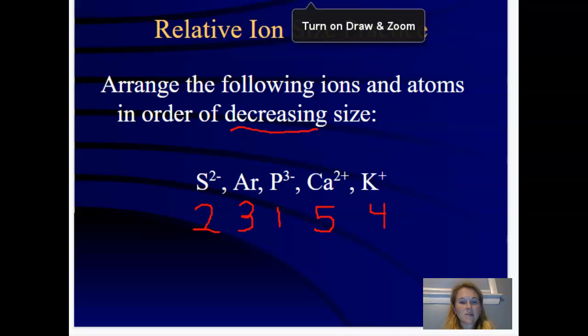And that is because calcium +2, even though it has the same number of electrons as these guys, has the most protons. So that's going to have the greatest effective nuclear charge there. And our phosphorus with the -3 has the least number of protons, so the lowest effective nuclear charge. But they all have the same electron configuration and the same number of electrons.